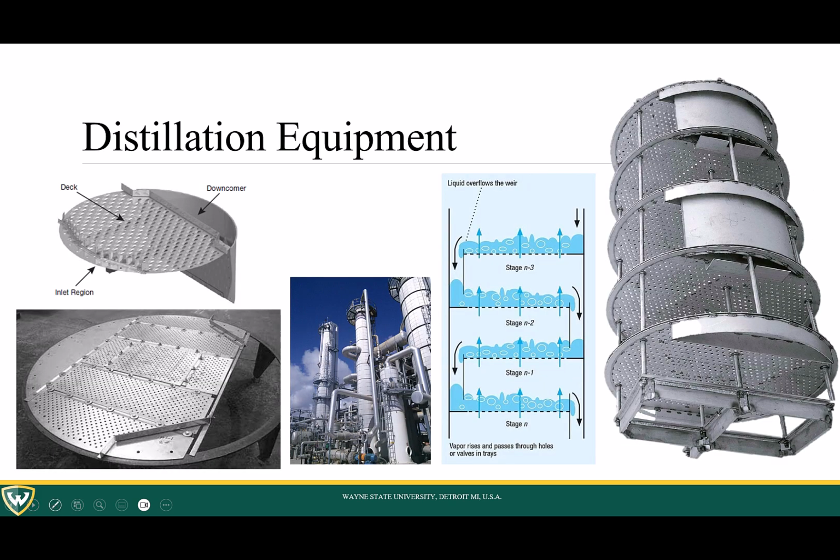Distillation equipment, what does it look like? So here is a bunch of different distillation equipment. This is going to be what is inside of the distillation column. That's going to be the trays or the stages, the equilibrium trays, which you can imagine from this diagram: through these little slots, you're going to have gas coming up, and as the gas is coming up, the liquid's falling down.